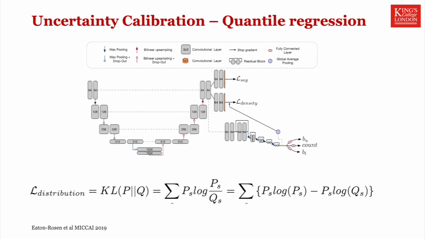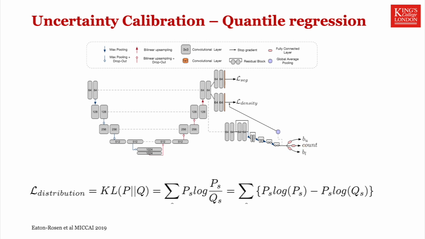Another way that you can do that, rather than using this post-processing affine scaling, is to predict quantiles directly and optimize for the definition of the quantiles immediately. So if you're trying to predict something, like counting the number of objects in an image, you can then add an upper bound and a lower bound, which are quantiles.